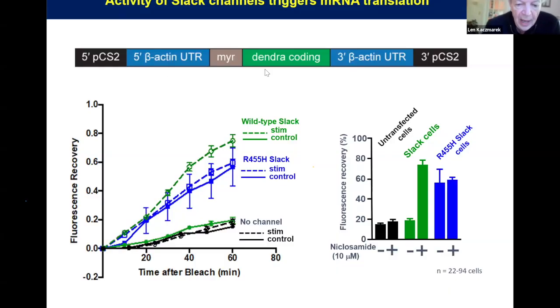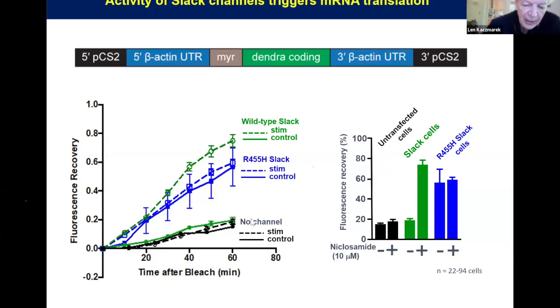And what he found was that if you take, again, a really boring, non-excitable cell like an HEK cell or a CHO cell, and transfect it with a reporter for mRNA translation. So this is messenger RNA that would normally make actin, but we've replaced the actin coding region with a fluorescent protein. And we can see then the synthesis of new proteins simply by bleaching the cell and looking at how quickly it makes the new fluorescent protein.